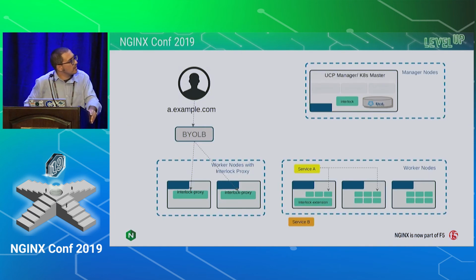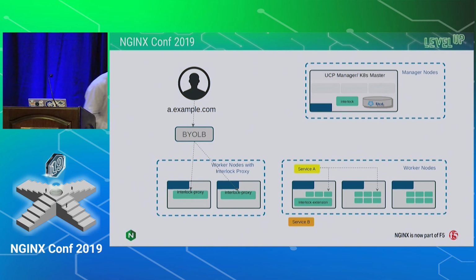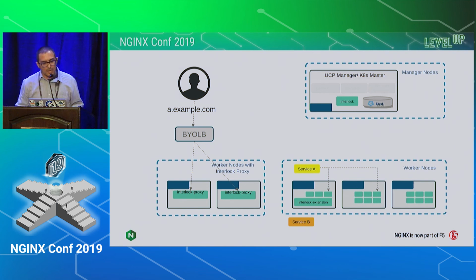This is how the environment will work. They have 3 different components. One is the proxy, which is an NGINX. The other one is, I can't remember the name. Well, in fact, one of them is the extension, which is the templating process that will change the templates for the backend proxy, the Interlock proxy.